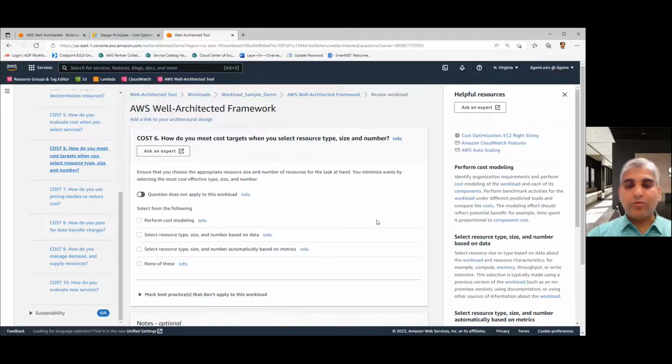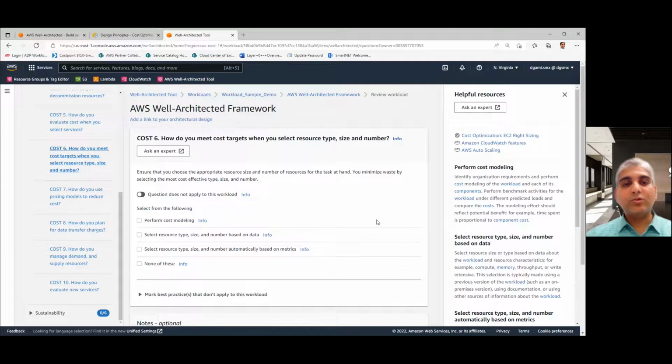If you're over provisioning, then obviously you're paying a lot more than what you need. And if you're under provisioning, then at that point your outputs are getting impacted. So you want to be able to right size, and this is something that we talked about even in the reliability aspect and the performance aspect, that you want to right size and have enough data to know what level you want to be performing at.